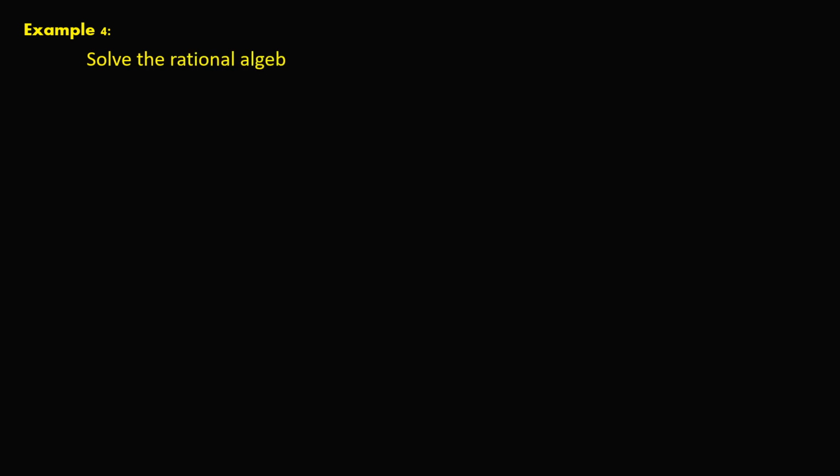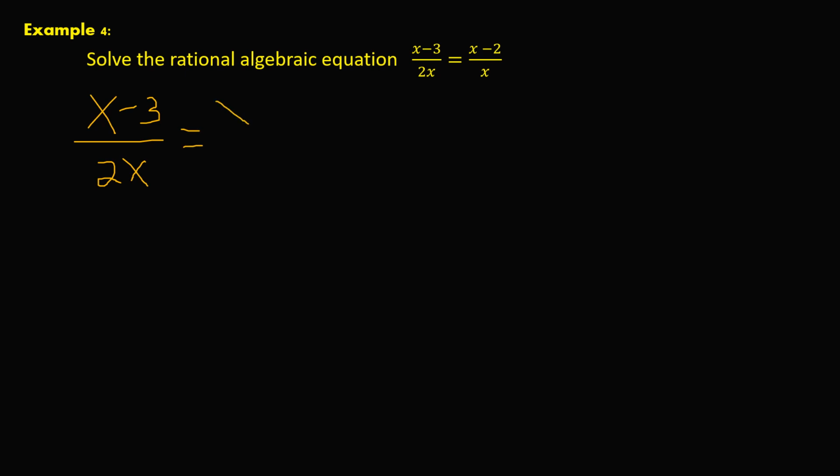Solve the rational algebraic equation x minus 3 all over 2x equals x minus 2 all over x. So let's rewrite the equation first: x minus 3 all over 2x is equal to x minus 2 all over x.